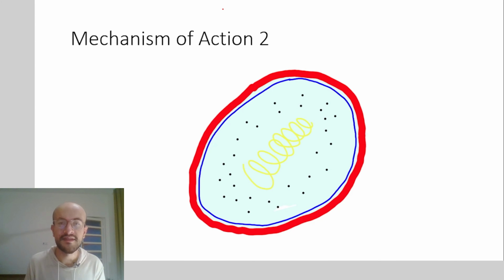Penicillin also works in another way. It also works by activating the autolysins. Autolysins are used by bacteria only during reproduction. They lead to the destruction of the cell wall so the bacteria can reproduce by binary fission.